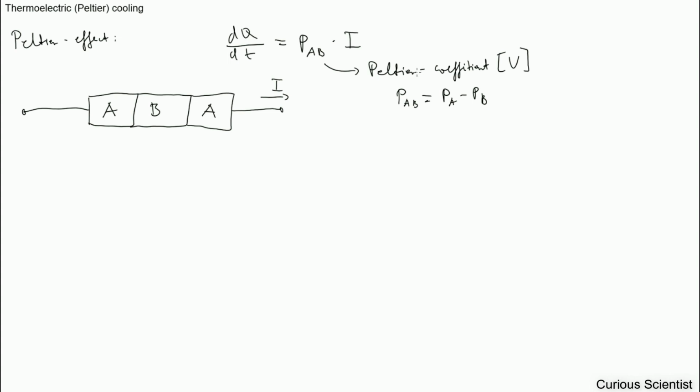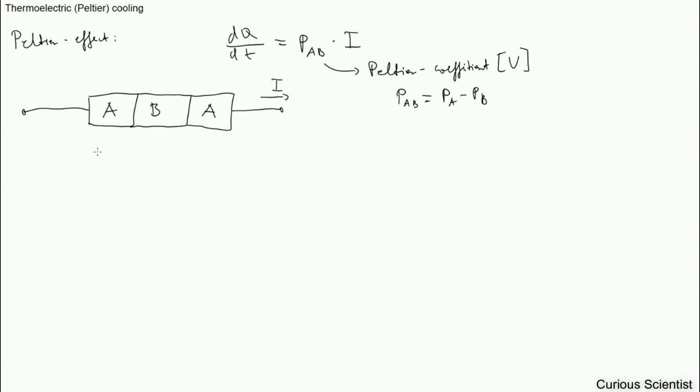But what happens here? Because this is a very nice physical phenomenon, I want to tell you how it works. In the material, or in different materials, the electrons have their own chemical potential.